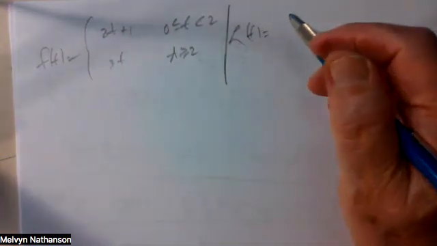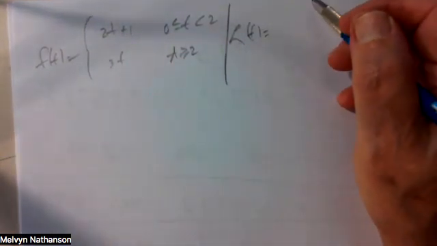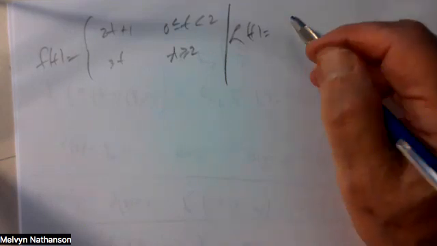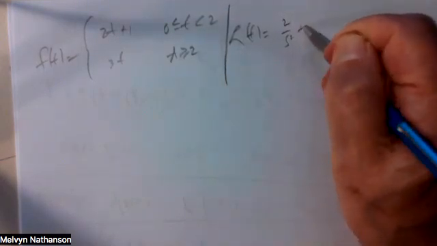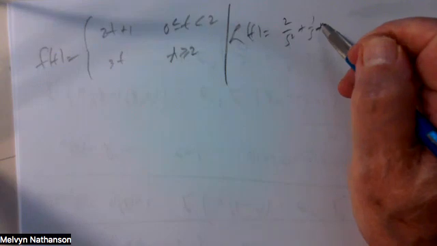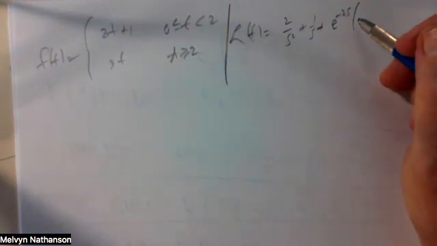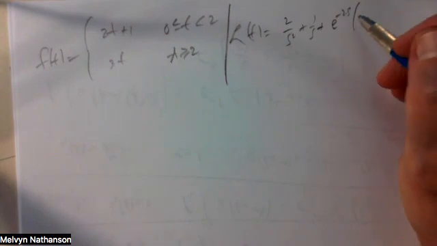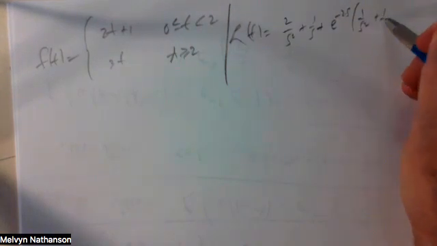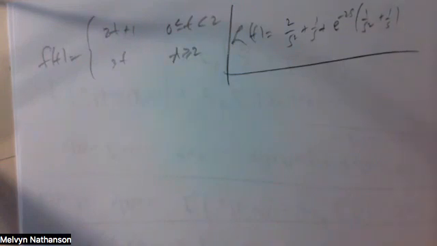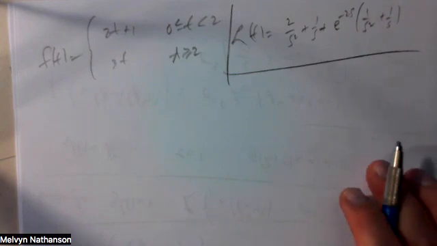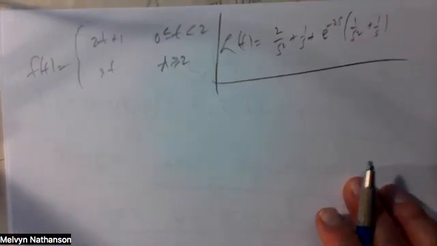What we got was 2 over s squared plus 1 over s plus e to the minus 2s times 1 over s squared plus 1 over s. So this is the calculation that we did, and let's try to do it again in a different way using the unit step function.